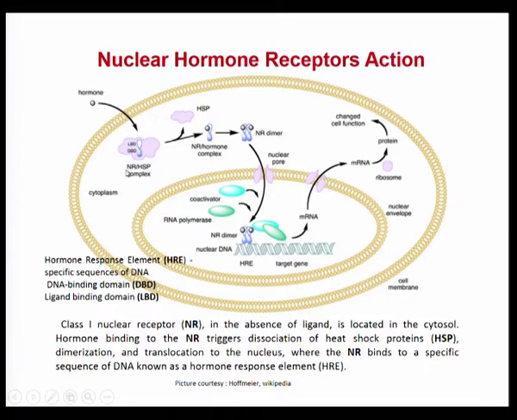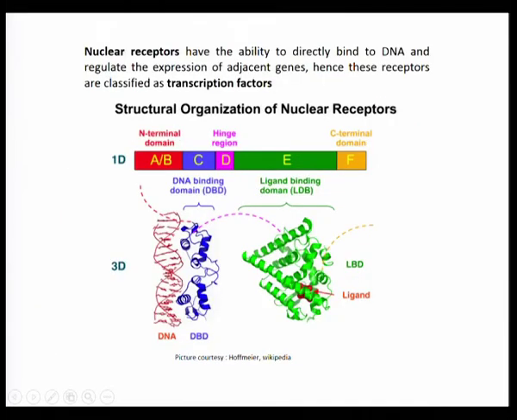Generally, nuclear receptors are stabilized by one more protein, what we call heat shock proteins. So nuclear receptors and heat shock proteins together form a complex, and here you have the LBD, which is the ligand binding domain in the receptor, and then you have the DNA binding domain. There are two different regions present in the receptor. So if you look at the structure, you can see the ligand can go and bind with the receptor.